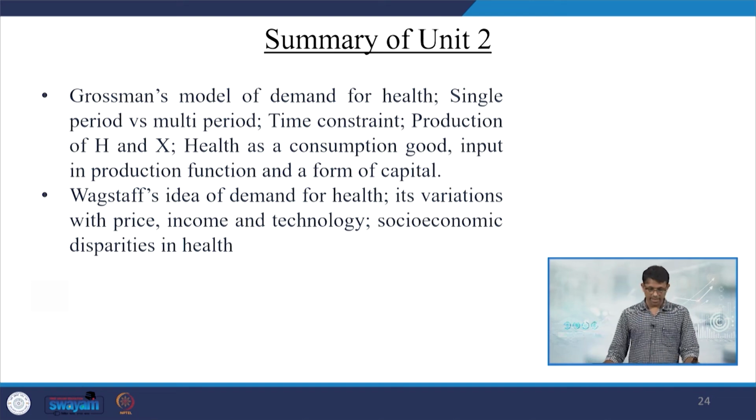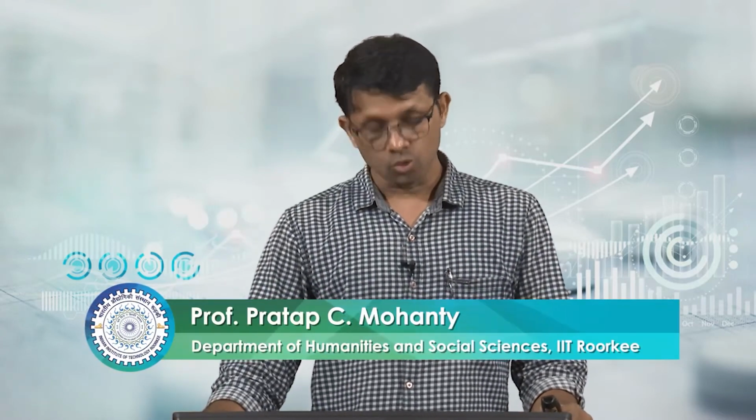We discussed health as a consumption good, an input in the production function, and also a form of capital. Especially in this lecture we discussed the idea of demand for health and its variations with price, income and technology. Socioeconomic disparities are largely emphasized.